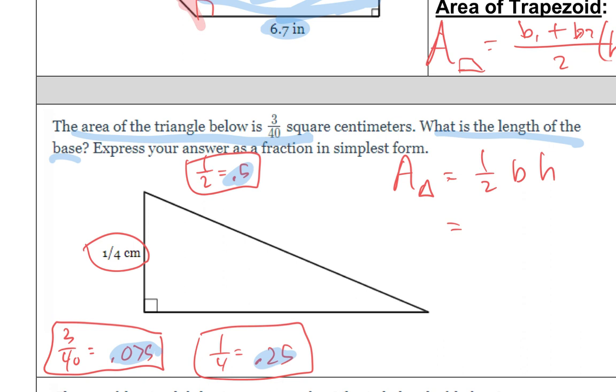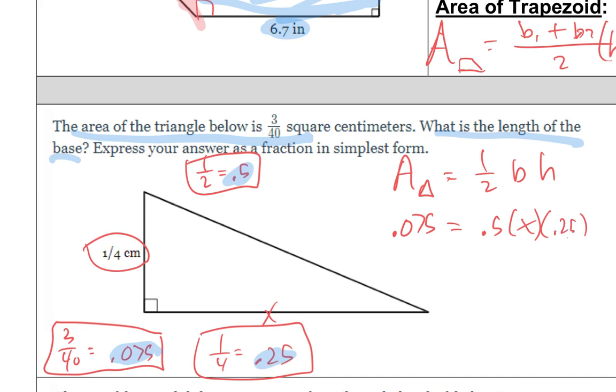We said 3/40 is 0.075, so let's put that over here, 0.075, equals 1/2, which we said is 0.5. Then the base is x, that's what we're trying to find. So we're going to say base times x, and then times our height. What's our height? Our height is 0.25.